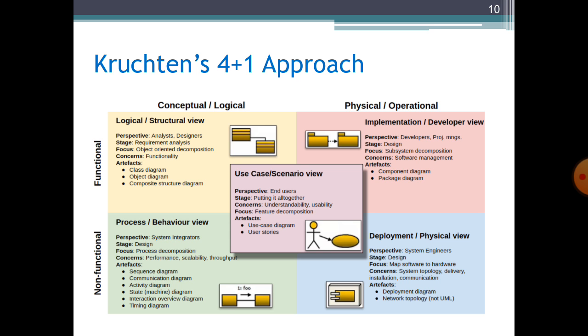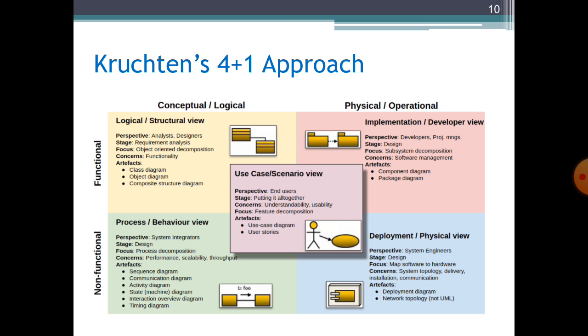So we can say that this view model provides partial presentations of the architecture for users, analysts, designers, developers, integrators, and system engineers. Software designers can organize the description of their architecture in different views.